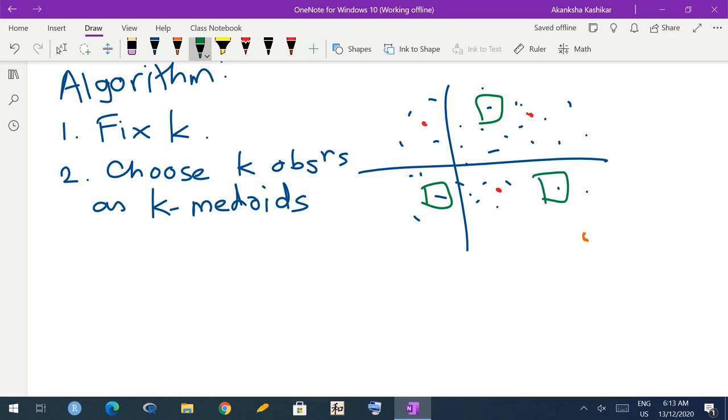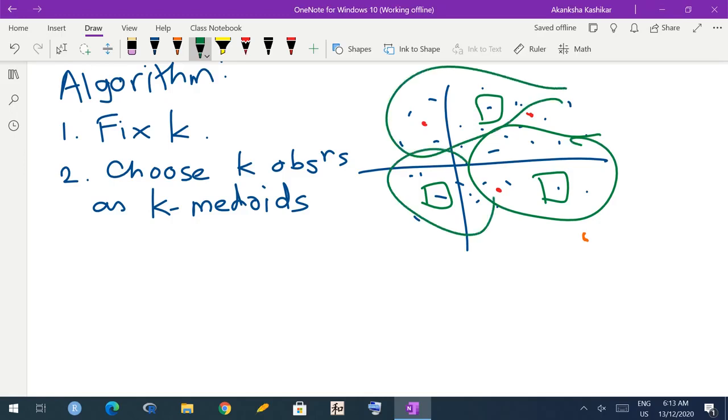the next step is obvious, like K-means. What I'll do is, I'll compute distance of every observation from this medoid, and then I'll assign the observations in such a way that those which are closest to this medoid, they get in this group. Which are closest to this medoid, they get in this group. Others get in this group. Okay.